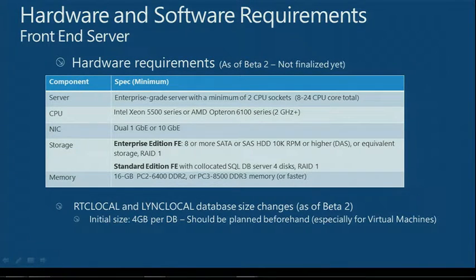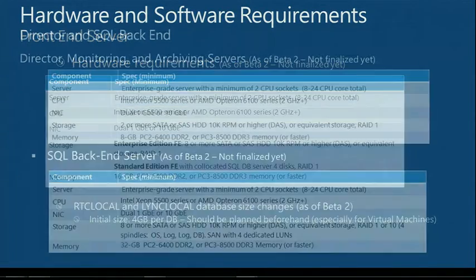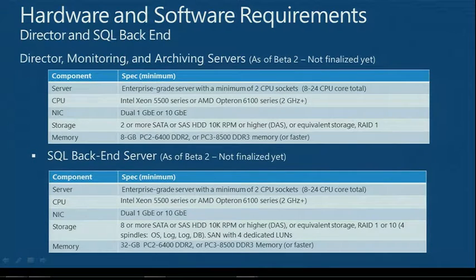So estimates as to what our hardware requirements look like are here. RTC local and Lync local. Our guidance recommendation around that says to start with 4 gigabytes. We will see reduced storage requirements there due to offloading some of the information from the back end to the front end, as we mentioned, for that portion. Director, monitoring and archiving.